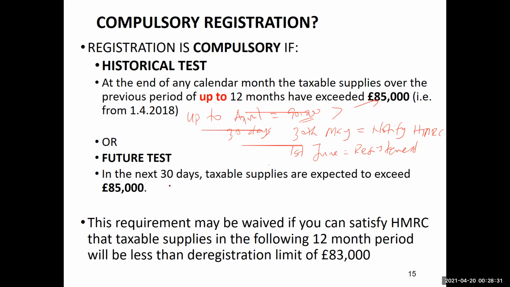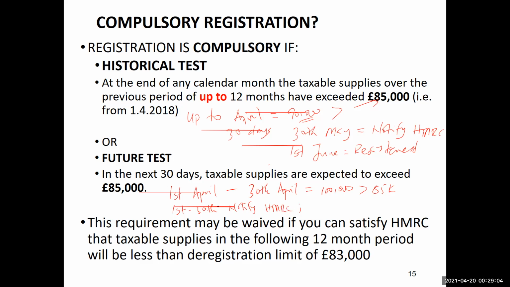But for the 30-day future test, if I'm able to anticipate that today, 1st April, by 30th April I'm going to be hitting an amount of 100,000, which exceeds the threshold of 85K, what is required is that between the 1st to 30th, I must notify HMRC.